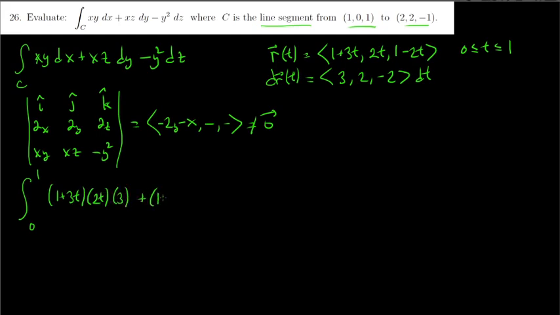Plus x times z, 1 plus 3t times 1 minus 2t, times dy, which is 2, and then minus y squared. That's 2t squared, and then dz is just negative 2.